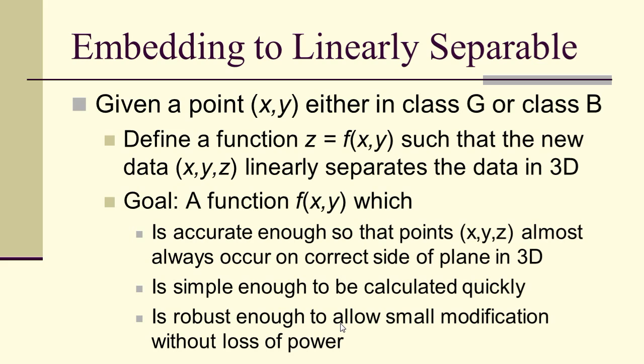There's another thing that we have to have, and that is this function f of xy must be created using a data set. So we use data because that's all we have, is data sampled from the process. So let's see how this works.